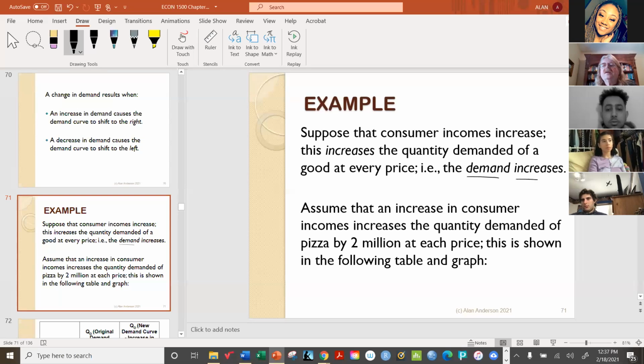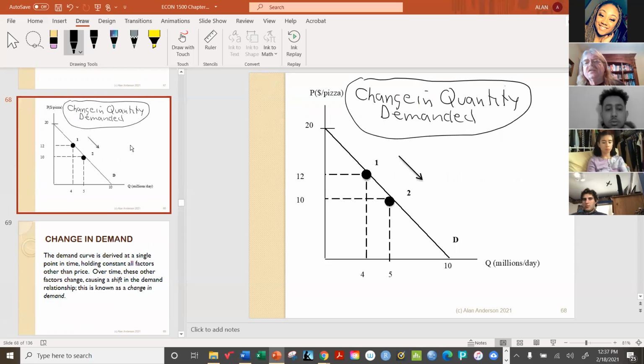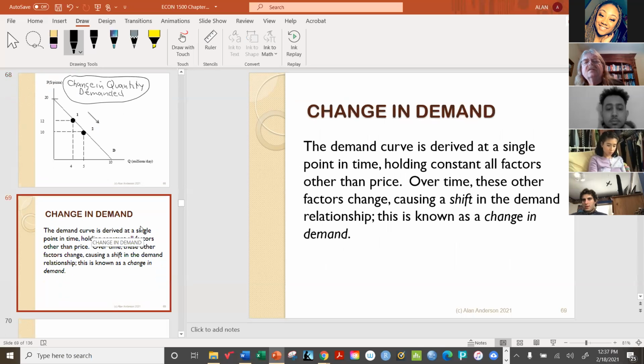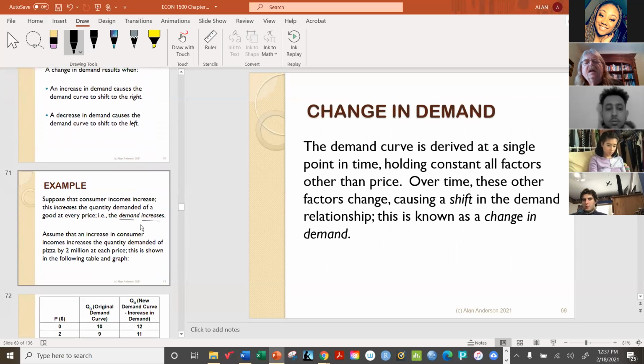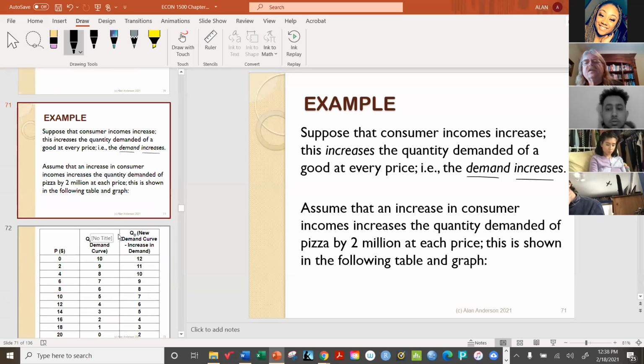Now, again, let me point out that in this case, when only the price changes, there's a change in the quantity demanded. Here, some outside factor has changed, namely the income of consumers, and so we have a change in demand. Specifically, in this example, the demand increases. And so I'm going to show you what that could look like. Let's go back to our demand schedule for this pizza.